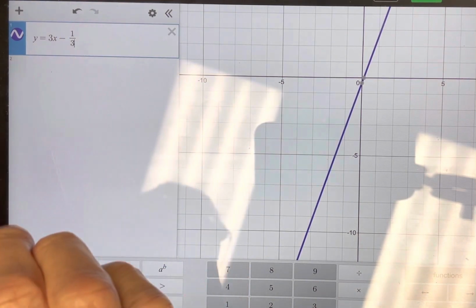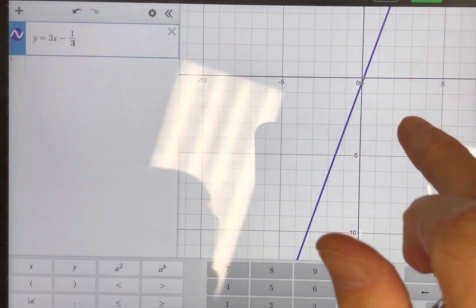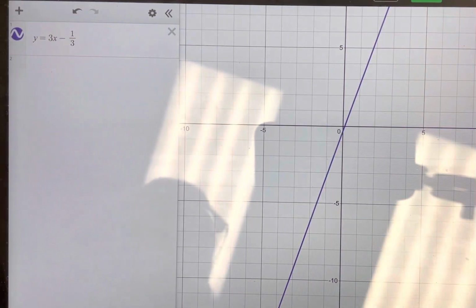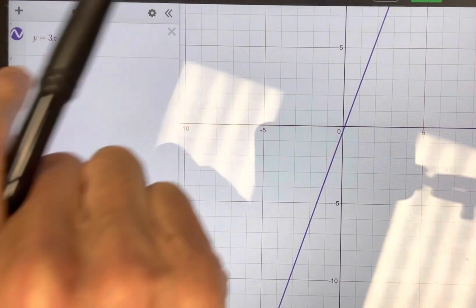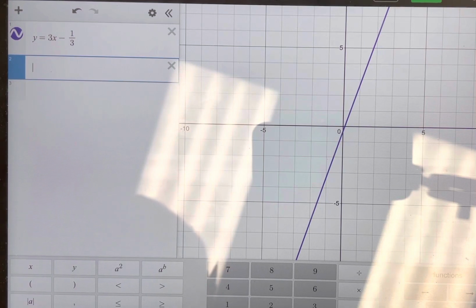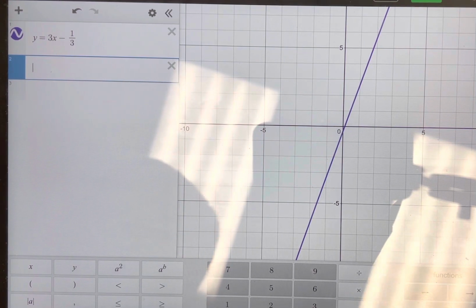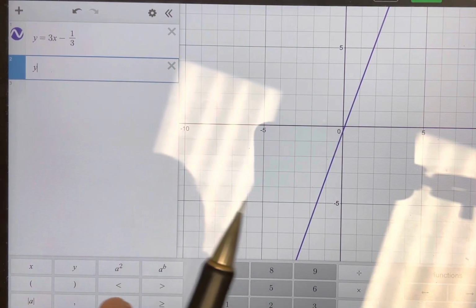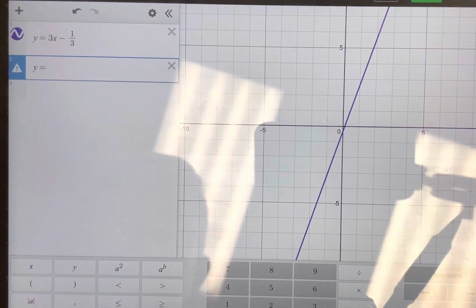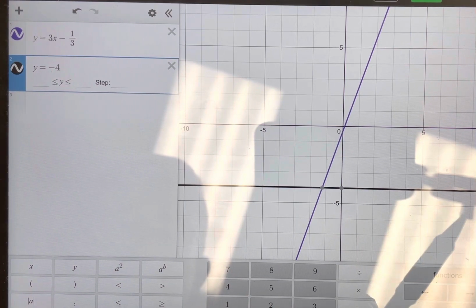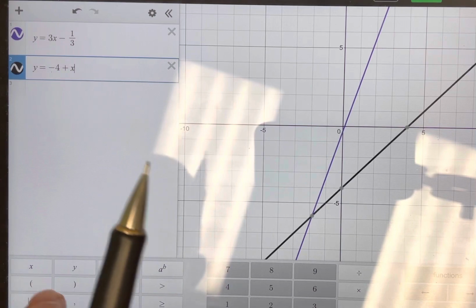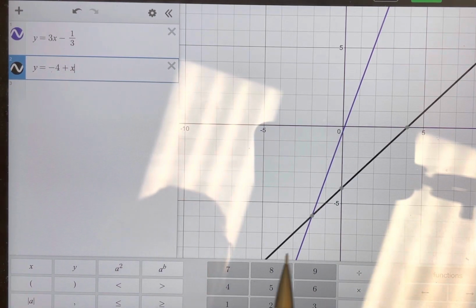So there's 3x minus 1/3, and there is that line right there. In my case, it's in purple. And on the right side of that inequality, I had the equation negative 4 plus x. So y is equal to negative 4 plus x. And it came in my case, in black.